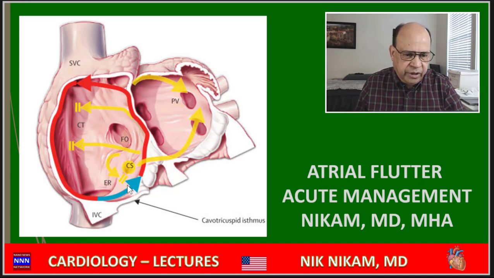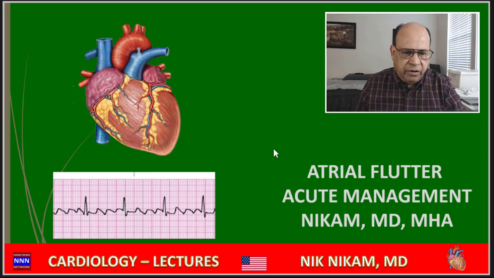Actually, it is created by a circuit which is circling around the tricuspid annulus, and this has a track which can go around in a counterclockwise manner or a clockwise manner, creating the typical sawtooth appearance of the flutter waves, the rate which can range from 225 to 320 beats per minute.